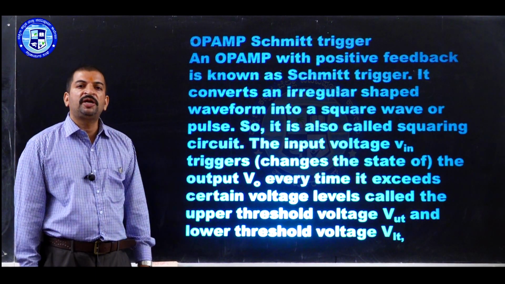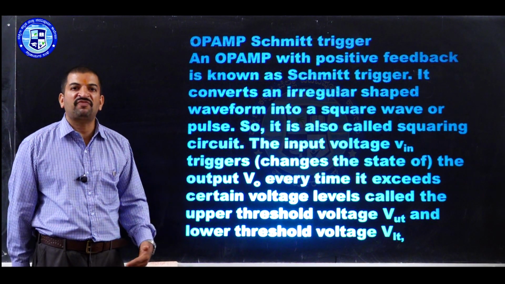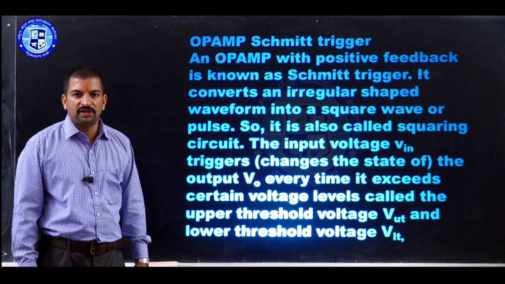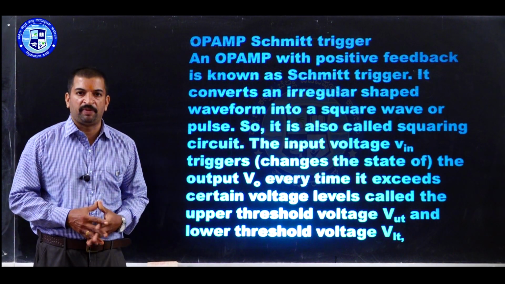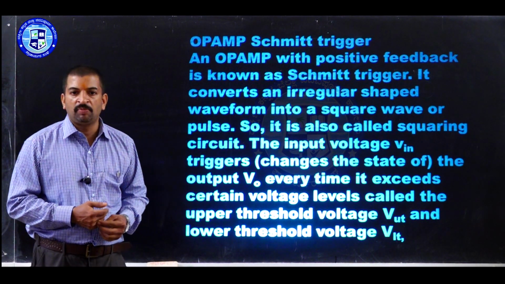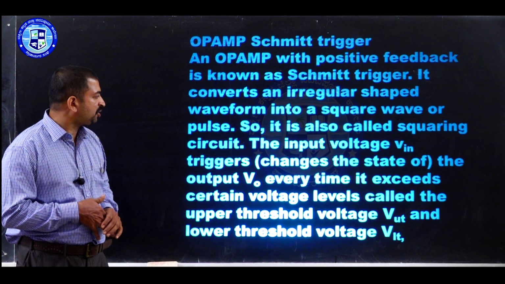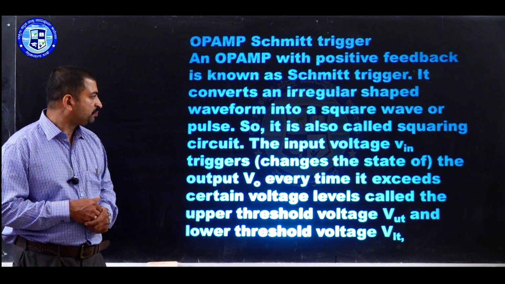The op-amp Schmitt trigger is also called the squaring circuit. It is a perfect sine wave to square wave converter. The circuit uses positive feedback. Now, what is positive feedback? If the signal fed back to the input is in phase with the input signal, the feedback is said to be positive feedback. The Schmitt trigger circuit uses positive feedback.